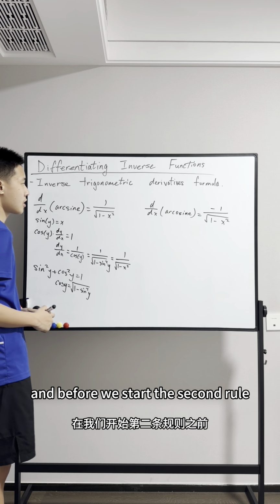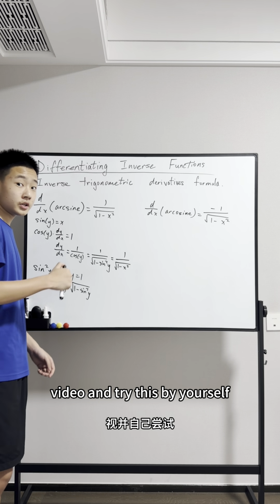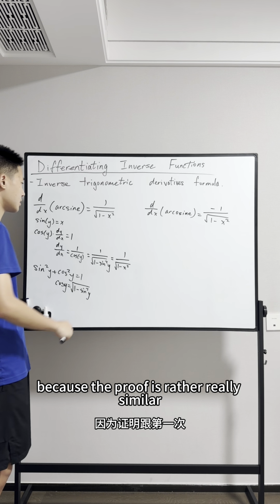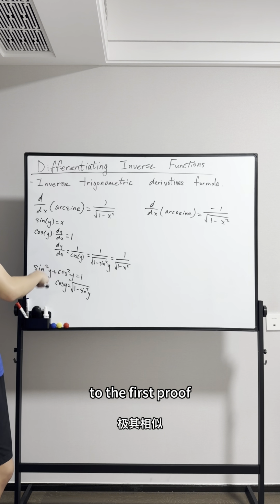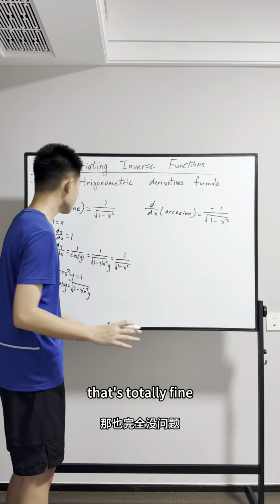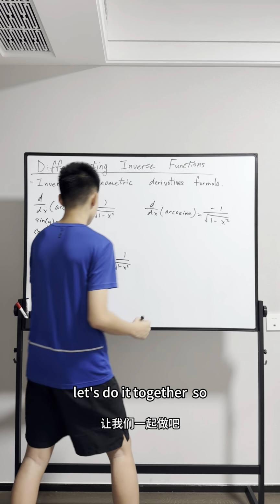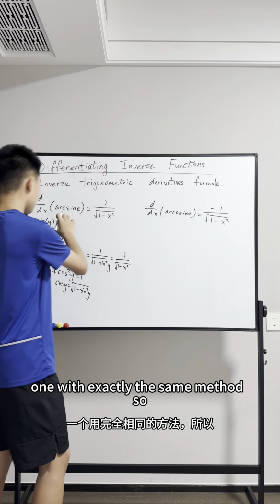Before we start the second rule, I recommend you stop the video and try this by yourself, because the proof is really similar to the first proof. But if you can't, that's totally fine. Let's do it together. We're going to approach the second one with exactly the same method.